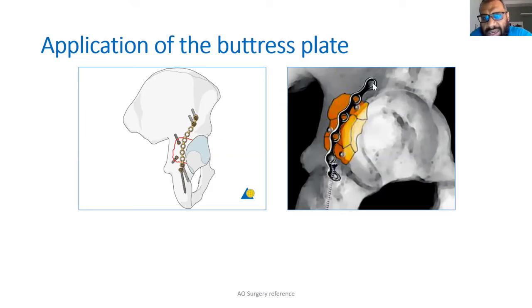So the periphery will hit the bone before the center. So when you compress, these screws will go anchoring the bone anteriorly and here posteriorly, and when the plate comes in contact with the bone, the anterior column will close, not open.